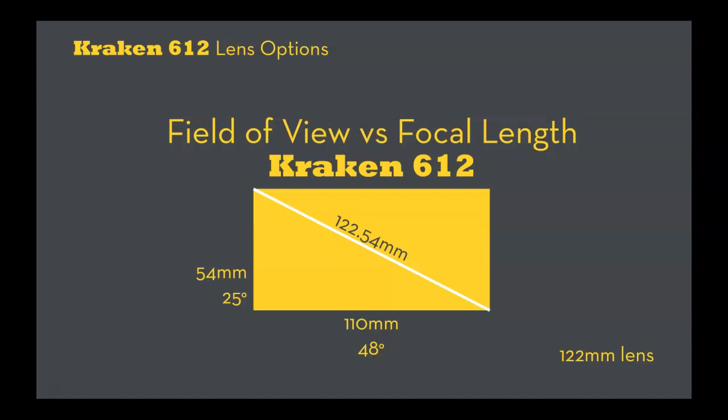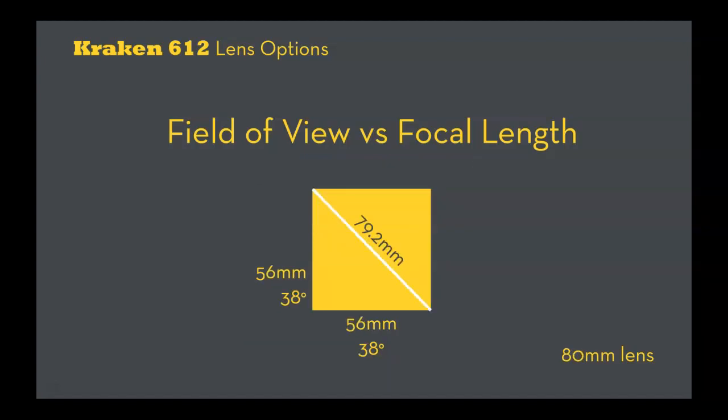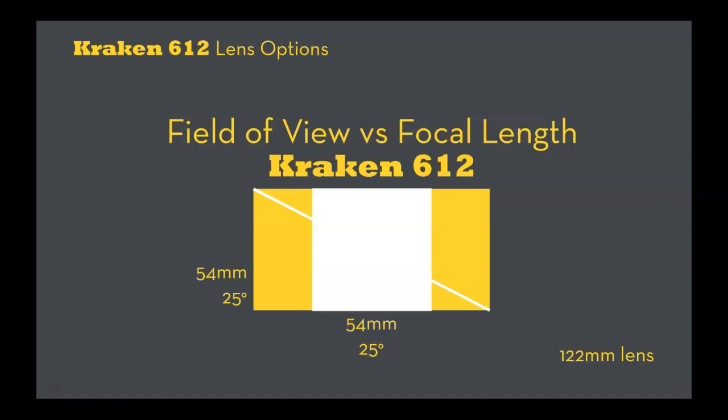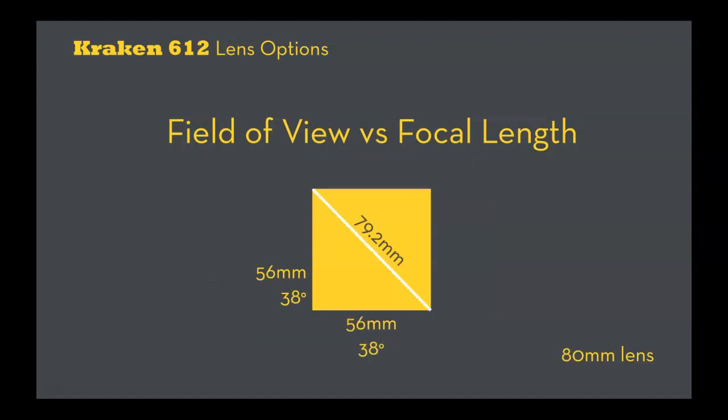To me, if we go back to that 6x6, in fact we can go forward to the 6x6, if we were 54 by 54, we would get this 25 degree by 25 degree image angle. But the normal view on a 6x6 frame is about 38 degrees.